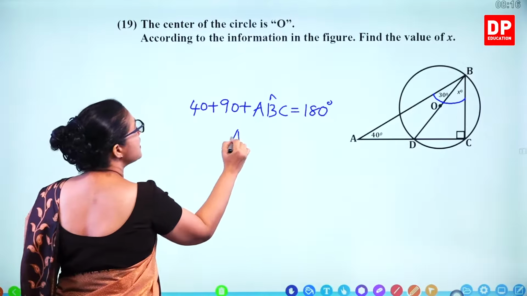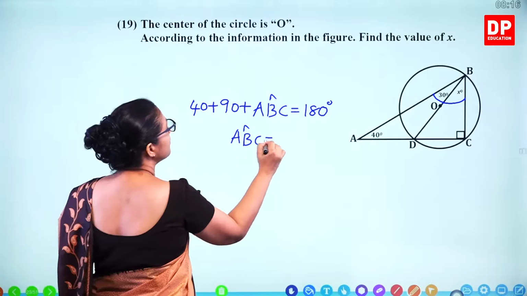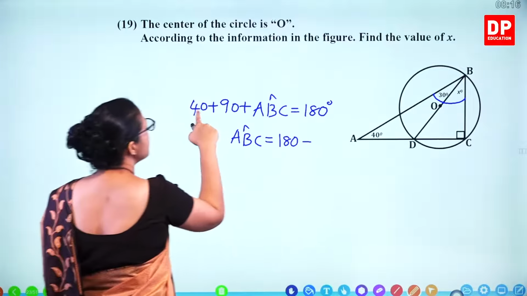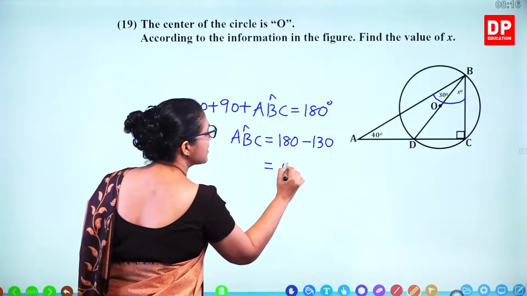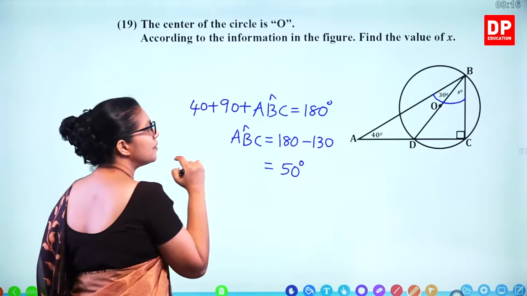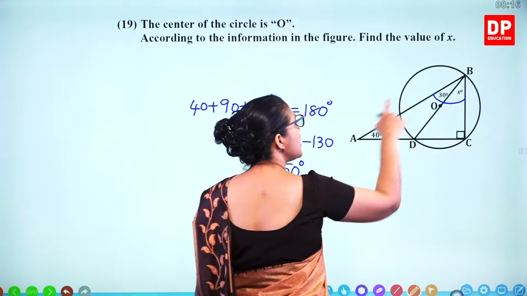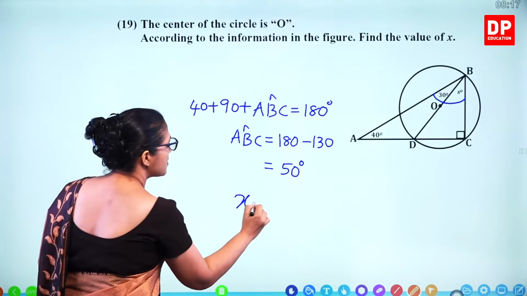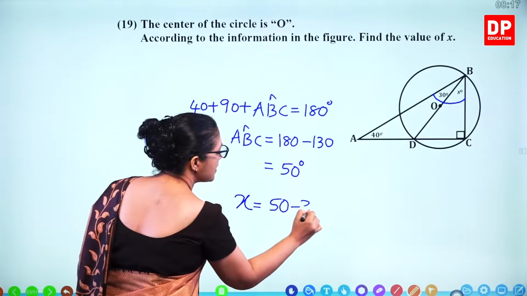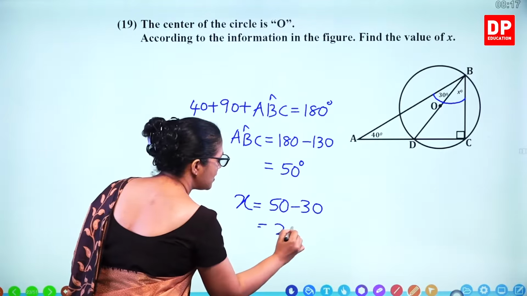So what's angle ABC? 180 minus 90 plus 40 is 130. So 50 degrees. The whole thing is 50. So what is x? 50 minus 30. So x becomes 50 minus 30. That's 20 degrees.